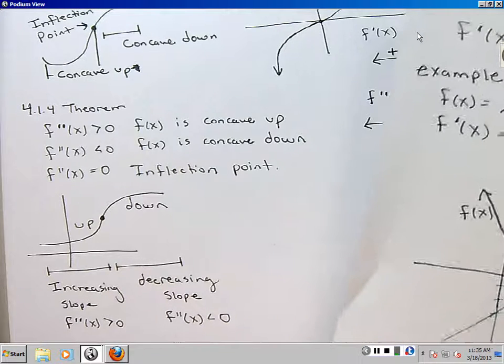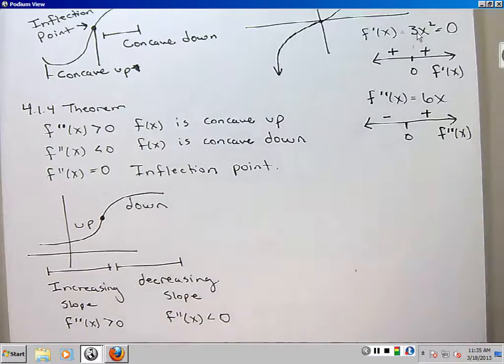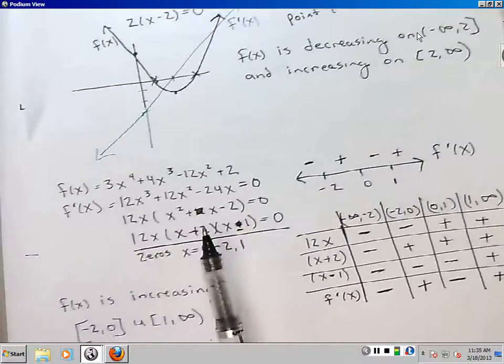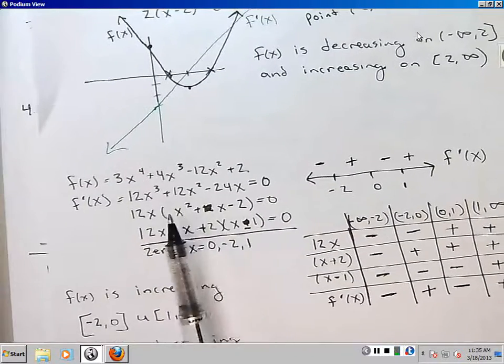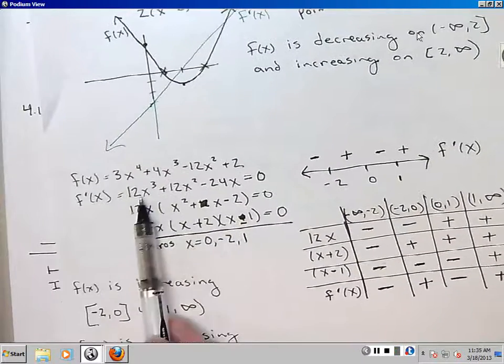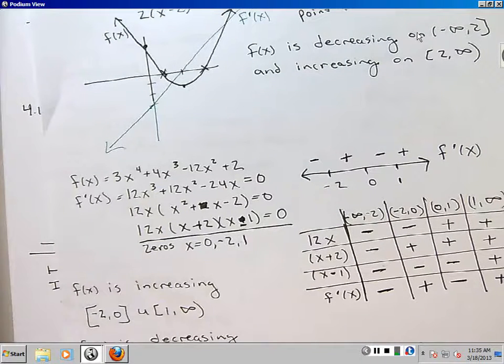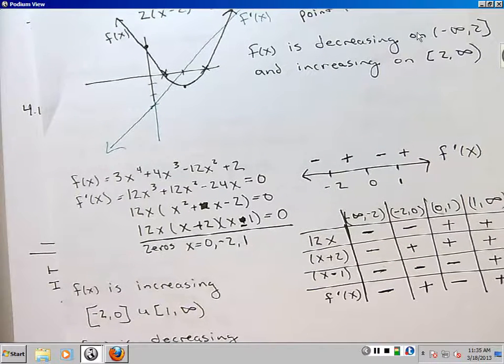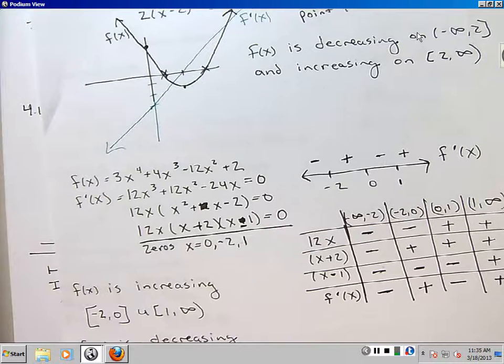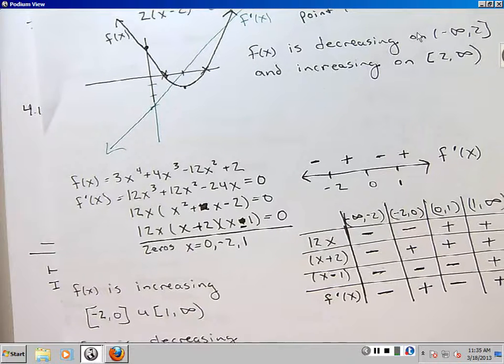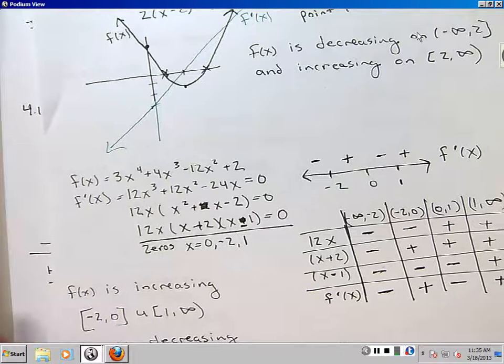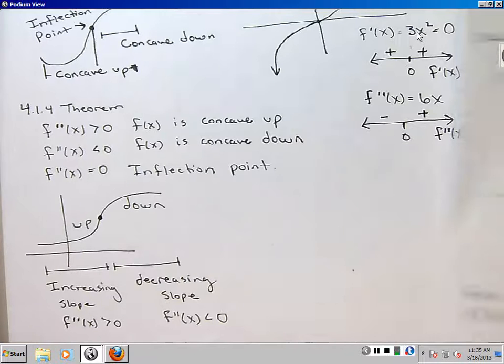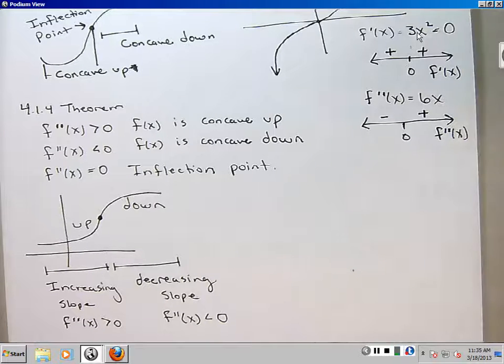If I look at this example, which I didn't graph, I would have to take the derivative one more time and look at inflection points. Turns out the algebra here is not nice. You have to use the quadratic formula, and you get negative 2 plus or minus the square root of 28 over 6, which is a number, but it's not a pretty number. So let's look at an example where the numbers come out relatively nicely.